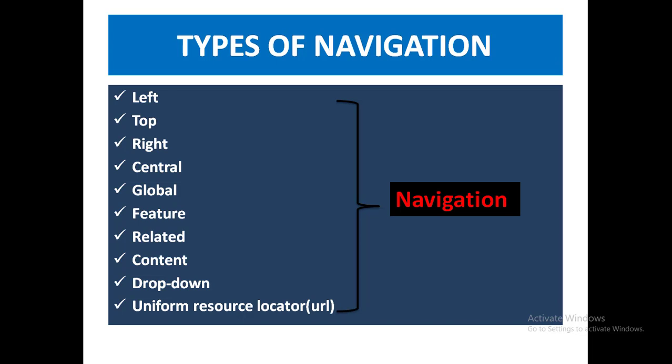We also have the feature navigation, which uses features to attract attention to some content on the website. Then we go to related. This is the navigation that occurs at the end of a document, which gives a selection of documents that have been classified under the same class as that document, and of all related websites.